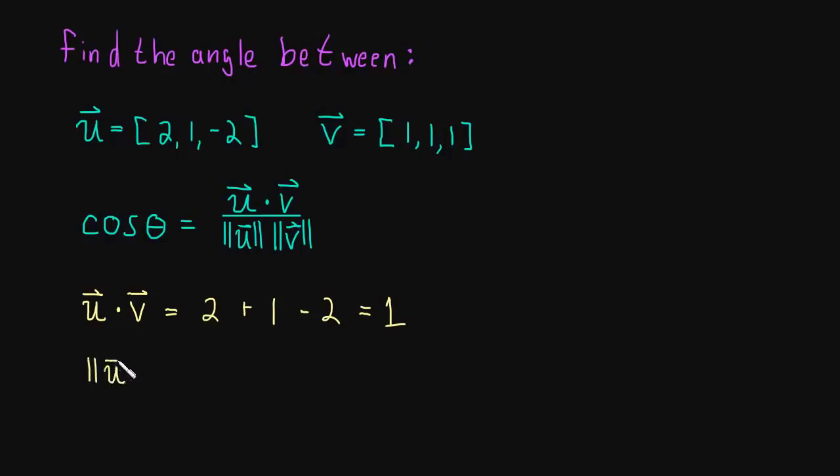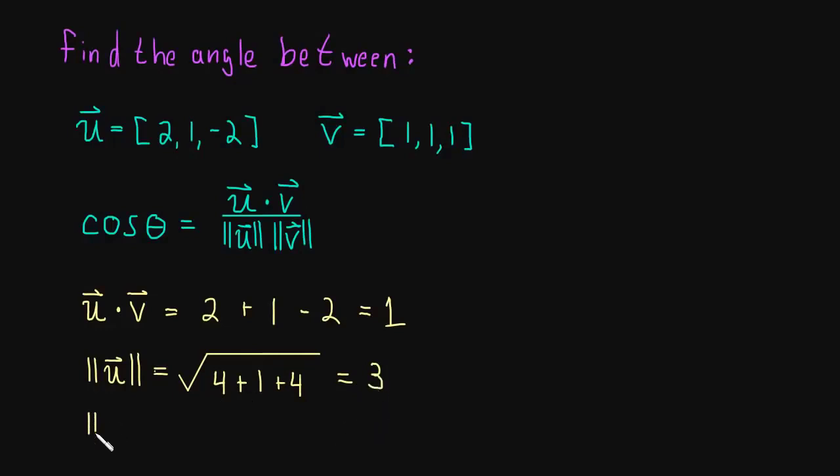So the length of u is equal to the square root of 2 squared plus 1 squared plus negative 2 squared. So 2 squared is 4, plus 1 squared is 1, plus negative 2 squared is 4, so plus 4. So this is the square root of 9 if we add those together, and the square root of 9 is just 3.